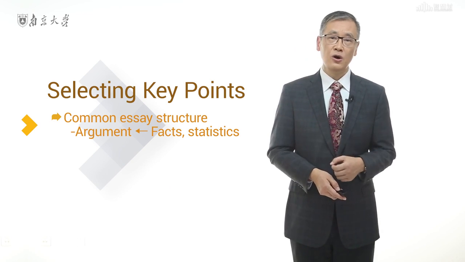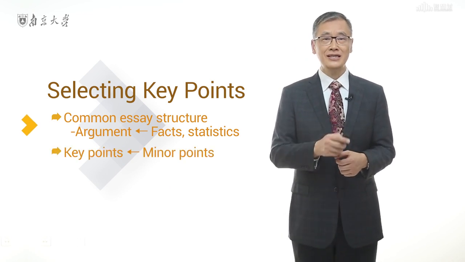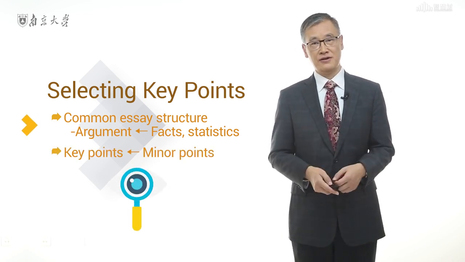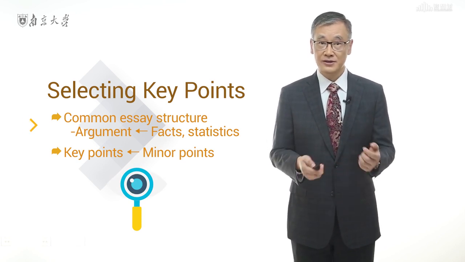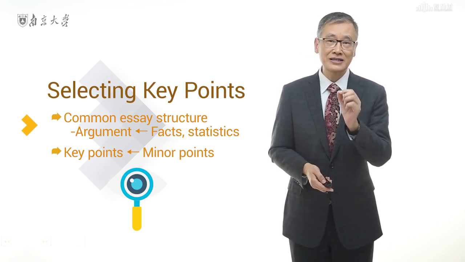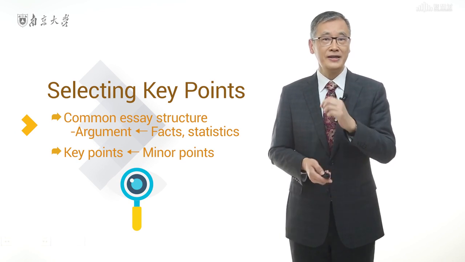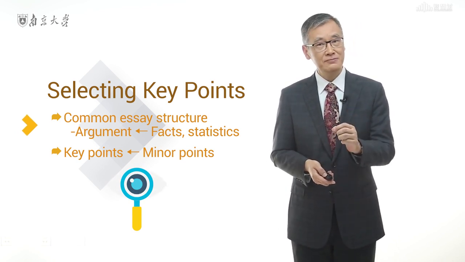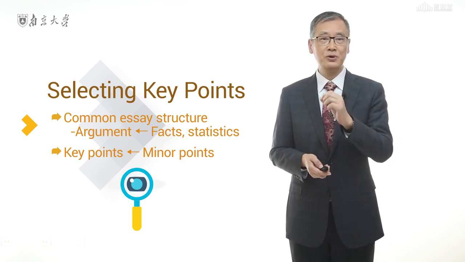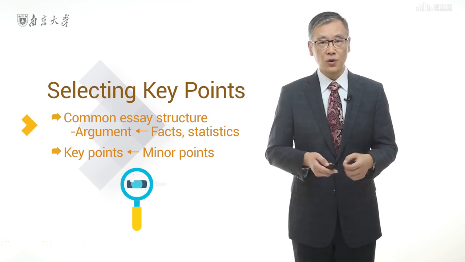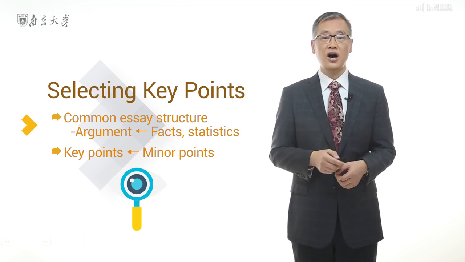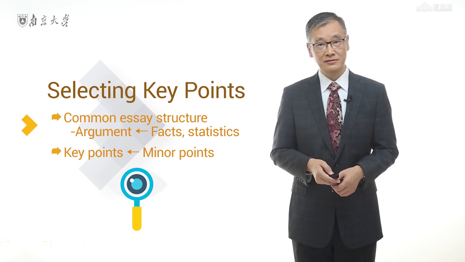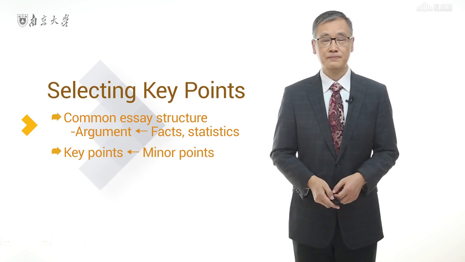In other words, authors will include both key and minor points in their writing. As a reader who intends to find the materials for your own writing, it is important for you to realize the difference between the key and minor points in the text you are working with and concentrate on the key points rather than the minor ones.